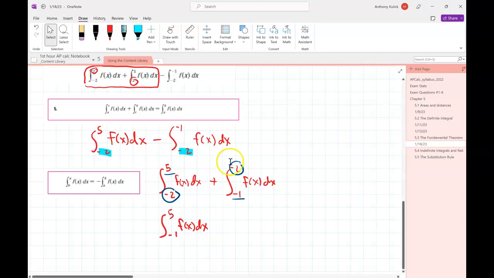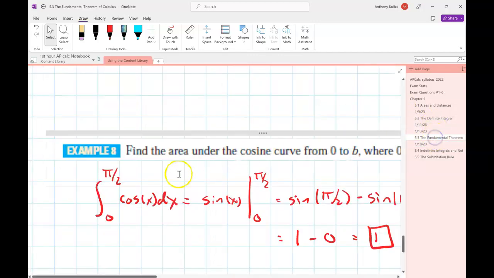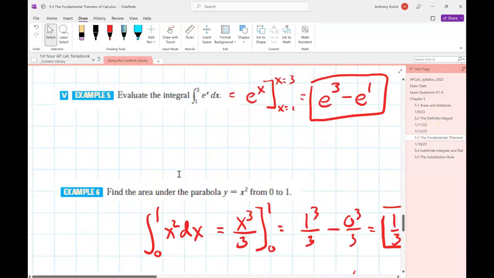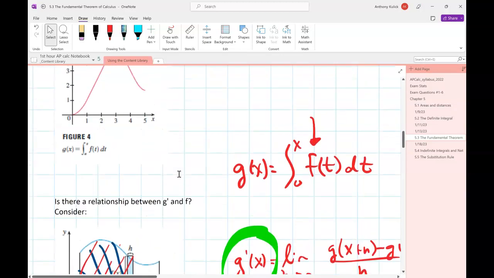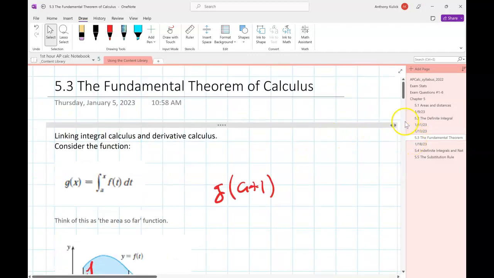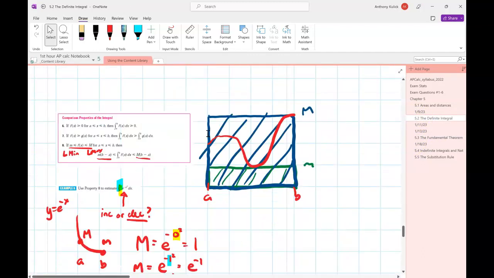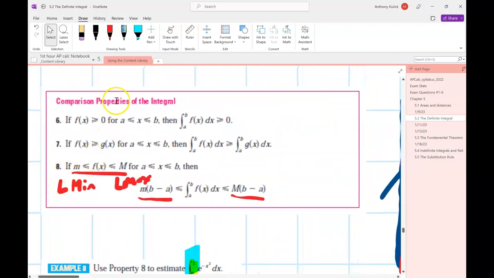I'm trying to remember if there's another one in there. What else did we get at the end of 5.3? Maybe it was the end of 5.2. This stuff, again, I think is good to have at hand. This is good for proving things without a calculator. But it's pretty self-evident that if you have a function that's always positive, its integral, the area under that curve that's always above the x-axis, always has to be a positive area.